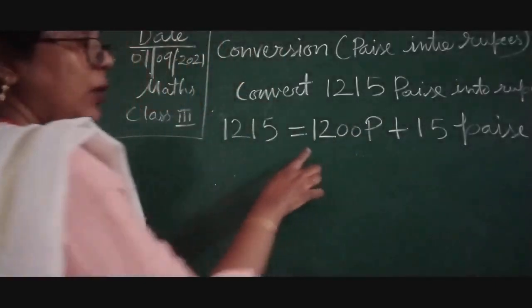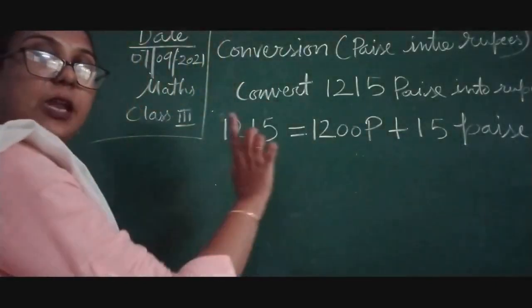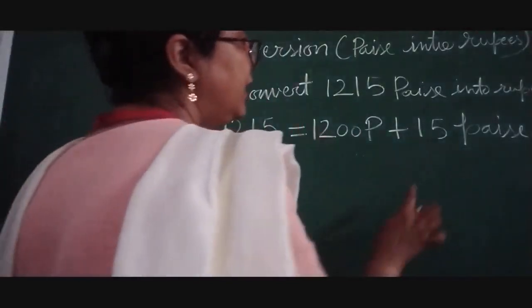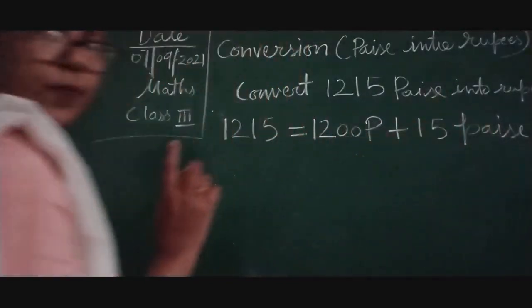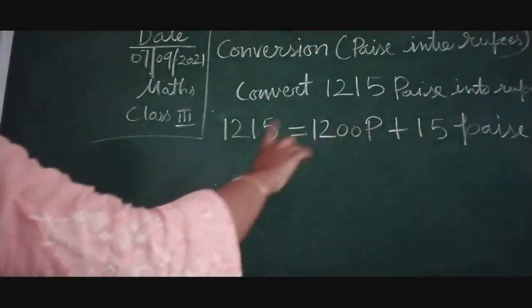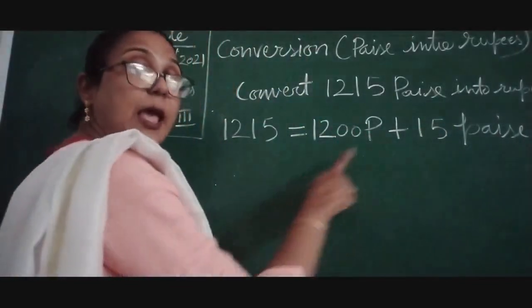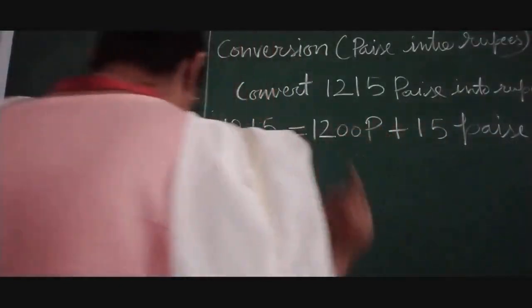So here, children, 1215 is written, 1200 paise and 15 paise. We have already separated it, because this is 1200 and this is 15 paise.